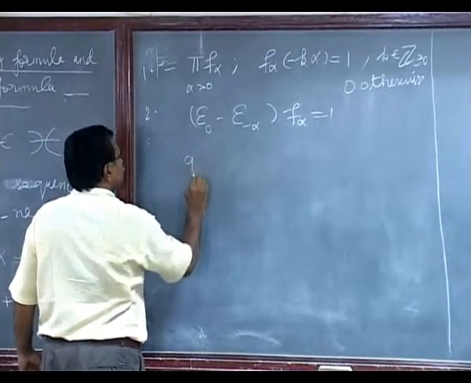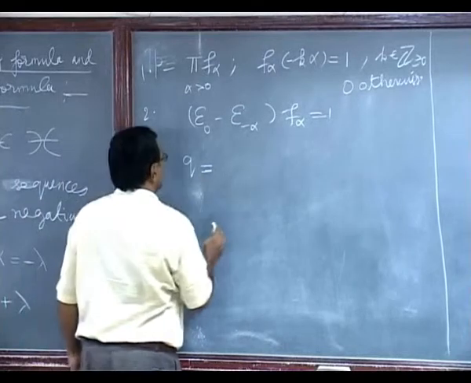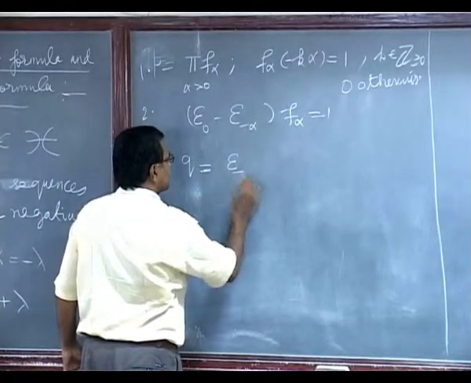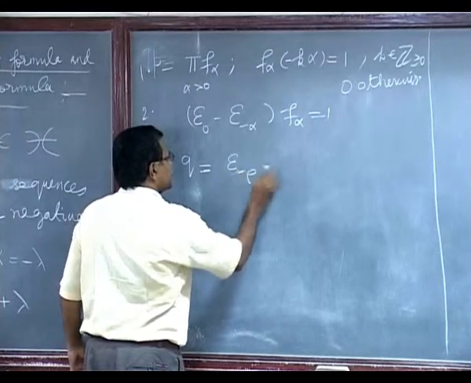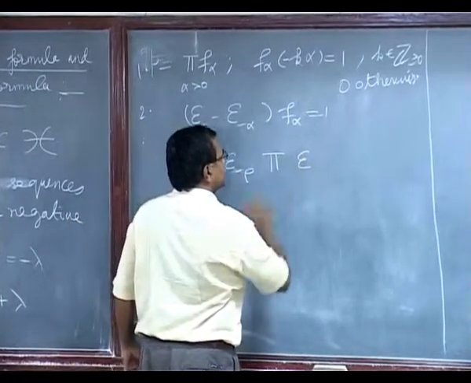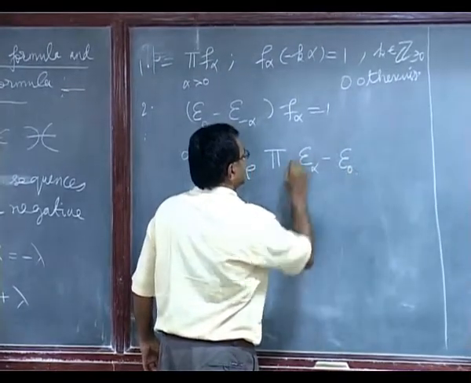Q is nothing but epsilon minus rho times the product of epsilon alpha minus epsilon 0.